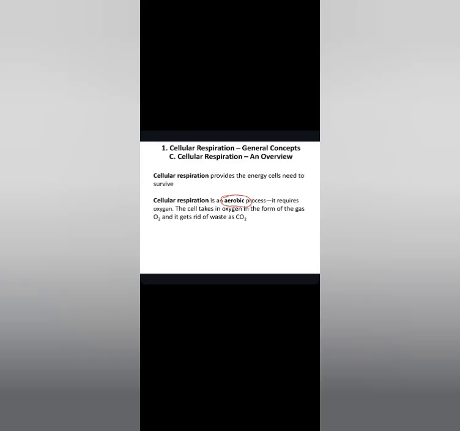Aerobic is the opposite of anaerobic, meaning a process that is anaerobic can take place without oxygen, in absence of oxygen. So, the very general overview of cellular respiration looks something like this.